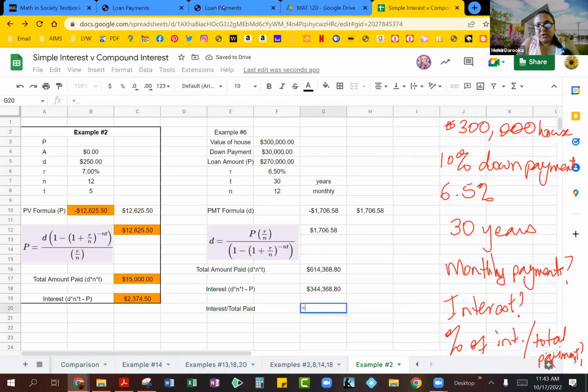So this is where you will take the $344,368, the interest that we just calculated, and then divide it by that total payment she made of the $614,368.80. And again, remember, by default, this will always come out as a decimal answer, and then you can convert that into a percentage.